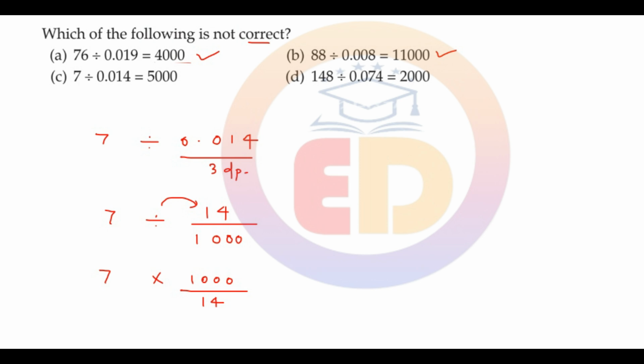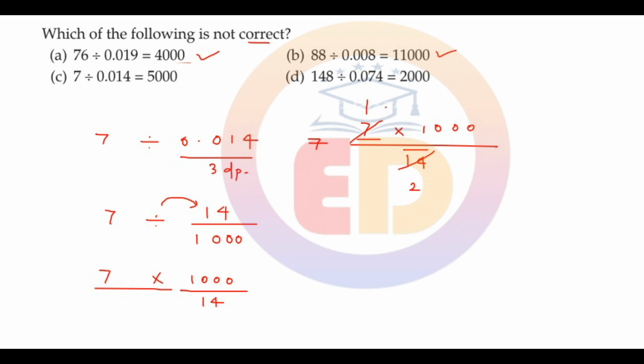Now here, 7 is the numerator, 1000 is the numerator, 14 is the denominator. It will become 7 multiplied by 1000 upon 14. Now we can see that numerator has 7, denominator has 14. We can cancel them by 7. 7 ones are 7, 7 2s are 14.